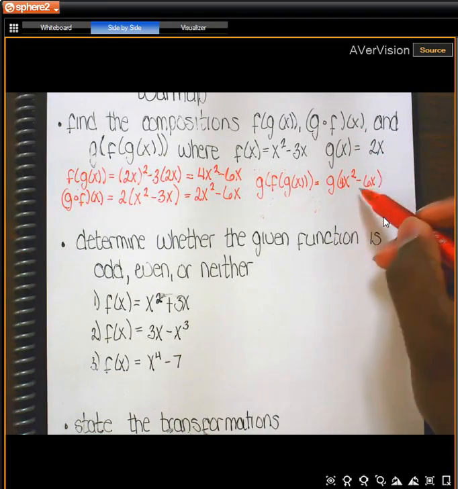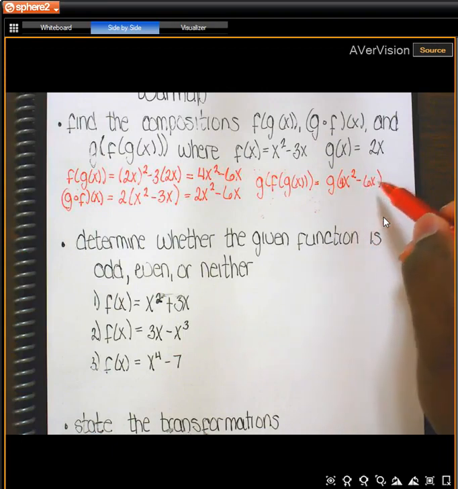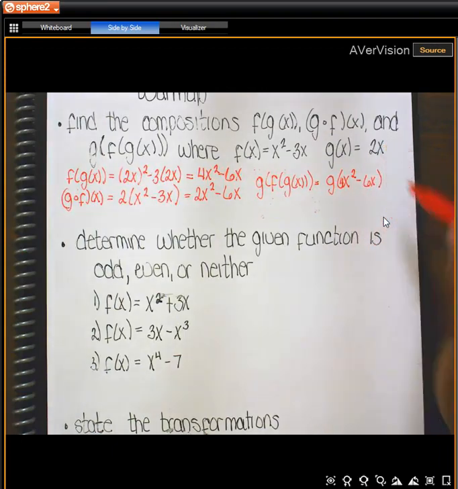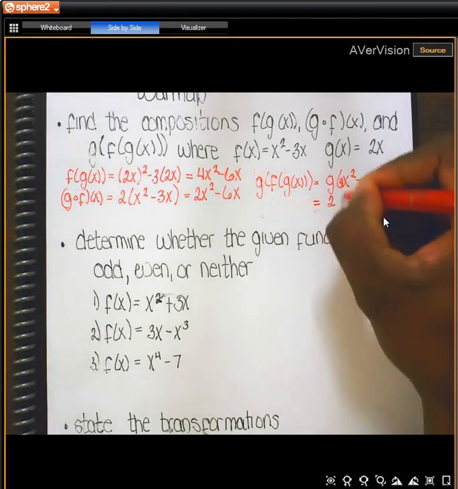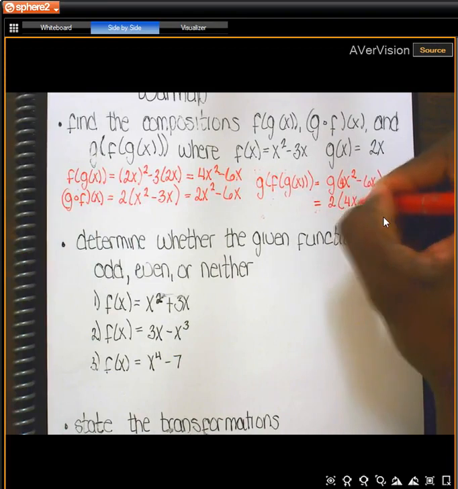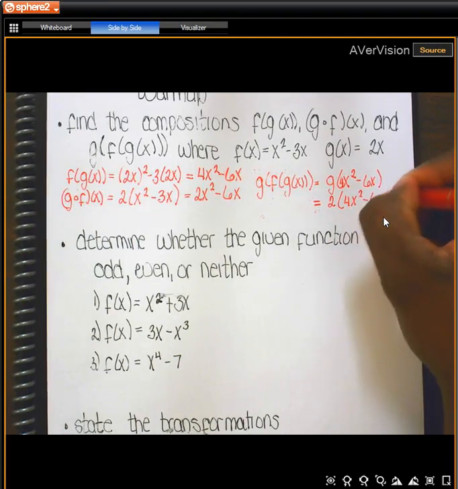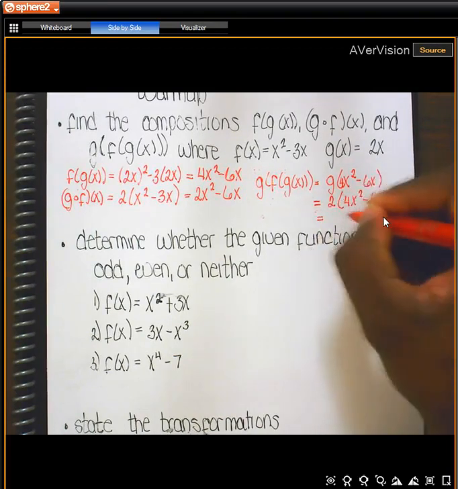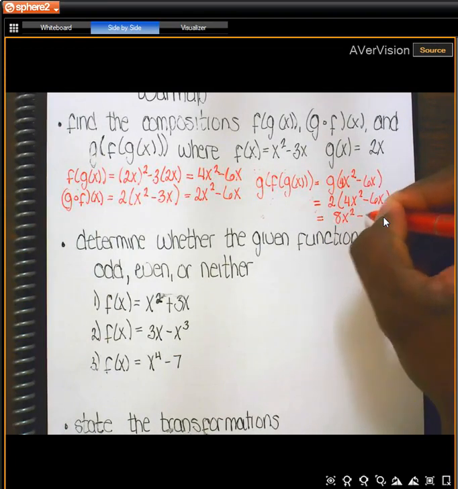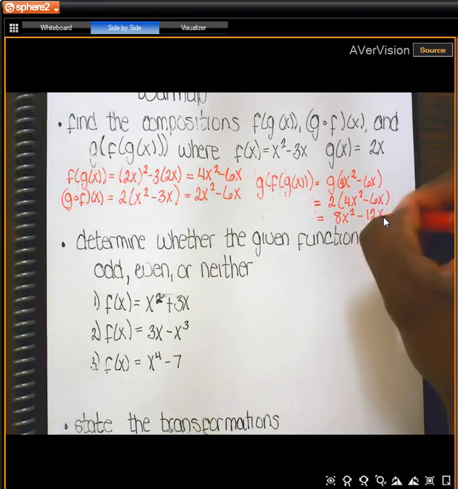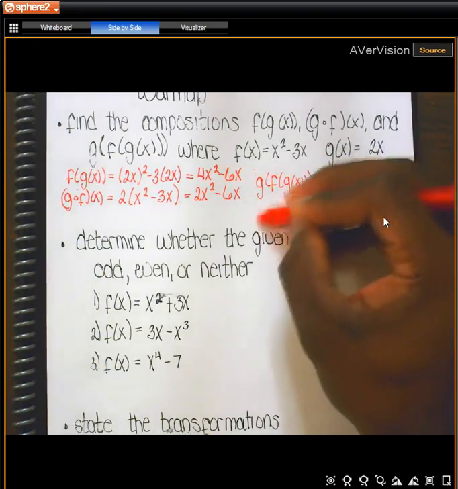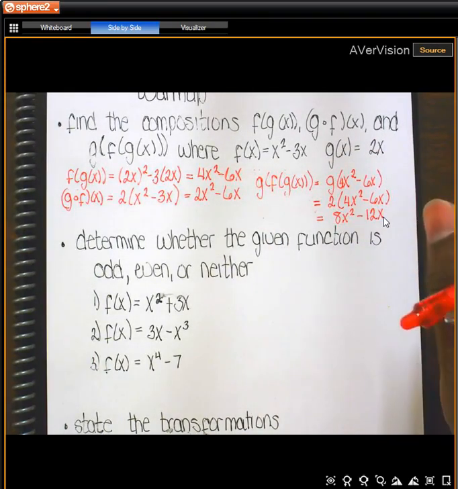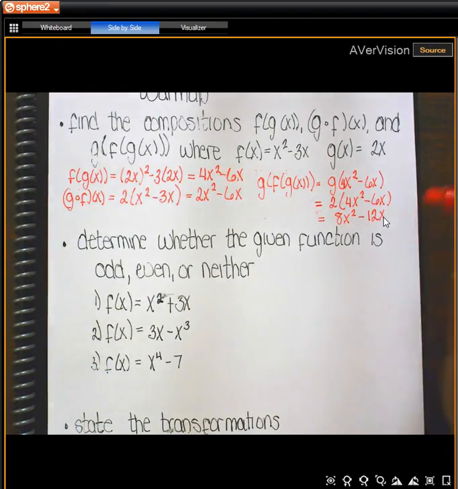And now all this is saying is we take 4x squared minus 6x and plug it in for x in g. Any questions on that? I'm not even going to show you my way. I like this way better.